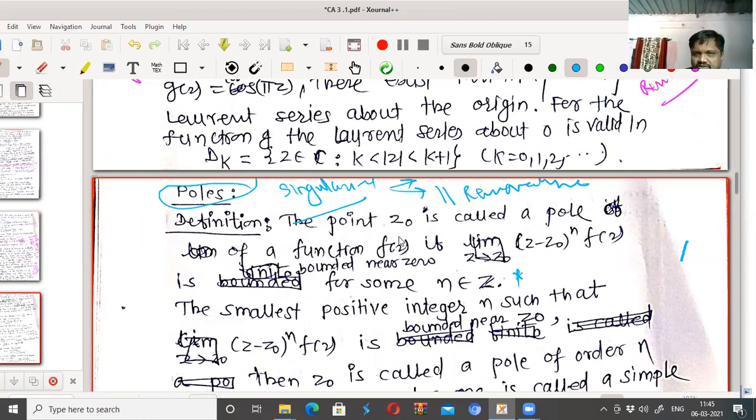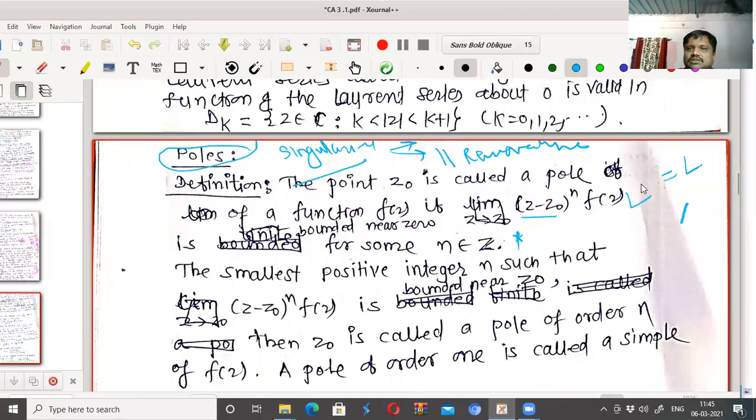The point z0 is called a pole of order n if (z minus z0) to the power n of f(z) is bounded. Bounded means that as z tends to z0, the limit of this function is equal to something L. The limit should be constant, or the limit of this function exists, for n belonging to the integers.